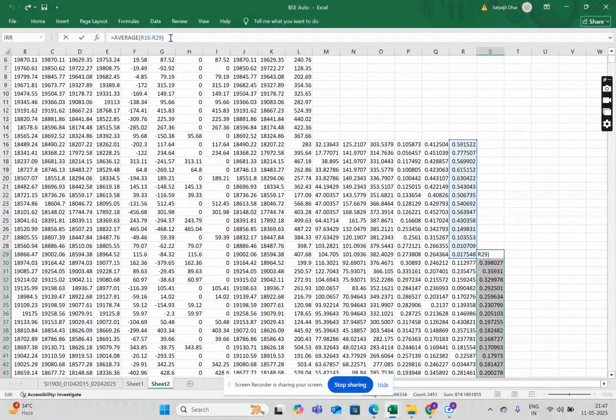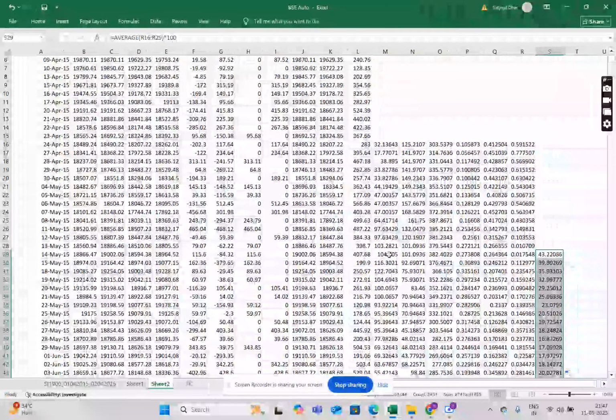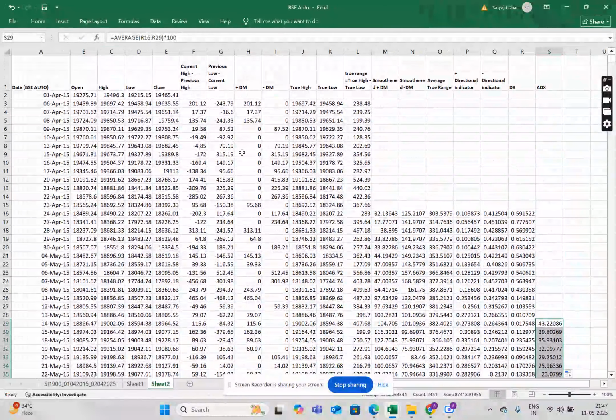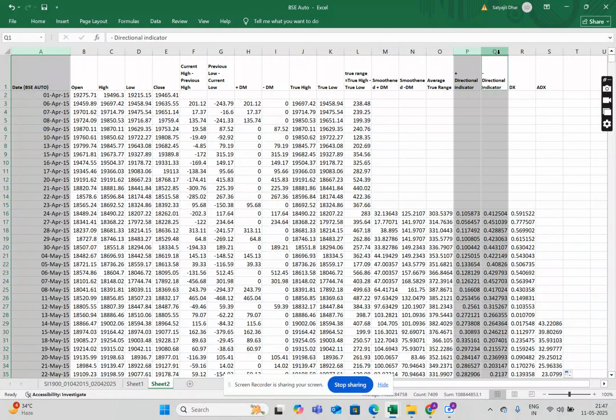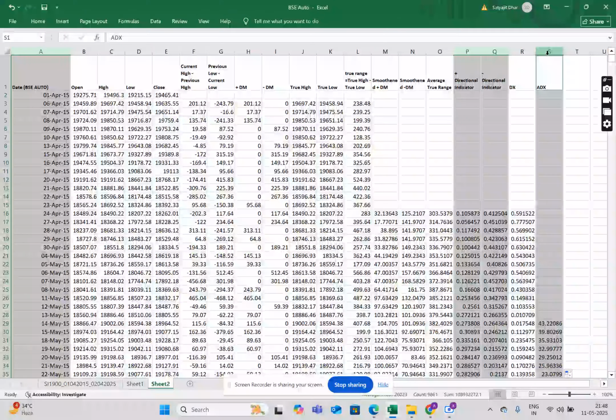Since it is easier for us to interpret when something is represented in percentages, we will just multiply it by 100. So, done.